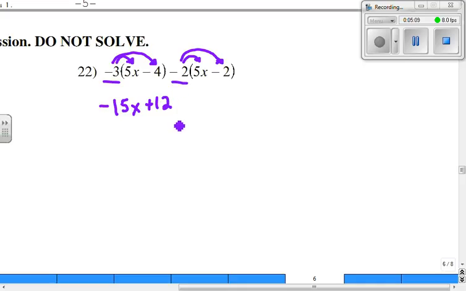Over here, I have negative 2 times positive 5x, which gives me negative 10x. And a negative 2 times a negative 2 gives me a positive 4.